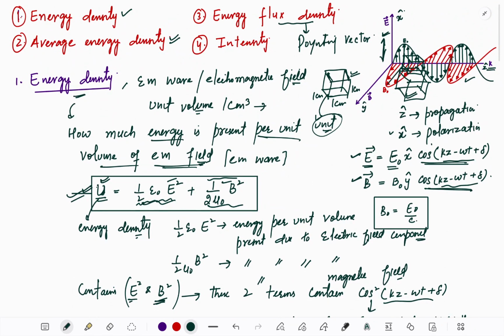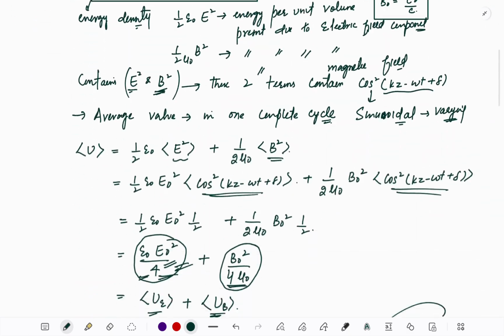Now let's go to the energy flux density. The third term is energy flux density. Basically, energy flux density has another name, which is the Poynting vector.